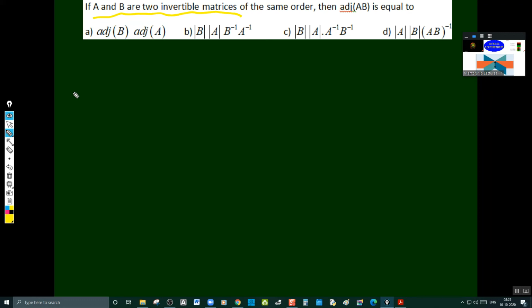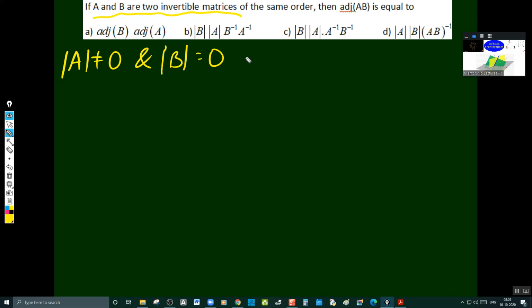It is clearly given that they are invertible. Invertible means it is to be taken for granted that your det A is not equal to 0 and det B also not equal to 0. These are the things to be understood first, and these can also be given in the options.